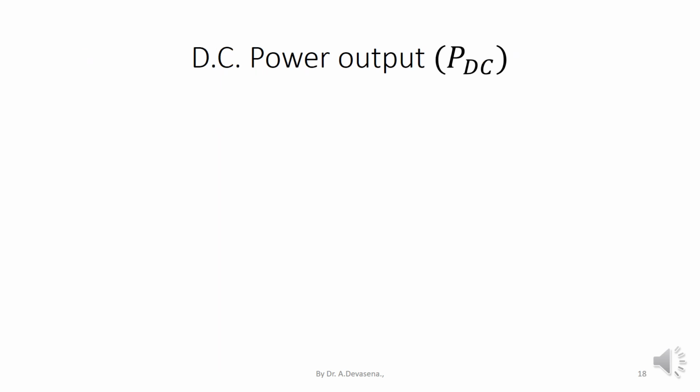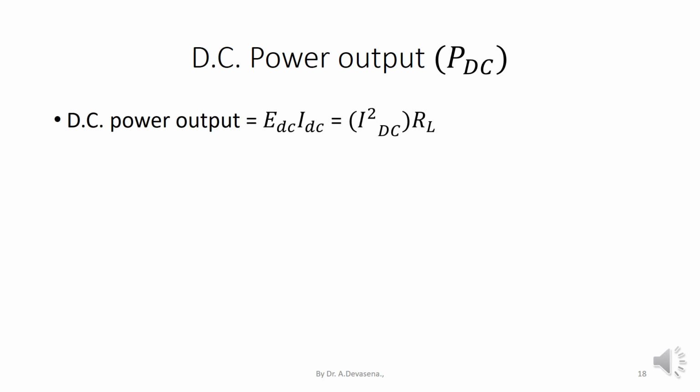Let us obtain DC power output P suffix DC. DC power output is equal to EDC into IDC. Substituting the value of EDC, we get IDC square RL. Therefore, the value of P suffix DC is equal to Im by pi the whole square RL, because the value of IDC is equal to Im by pi, which we already obtained.